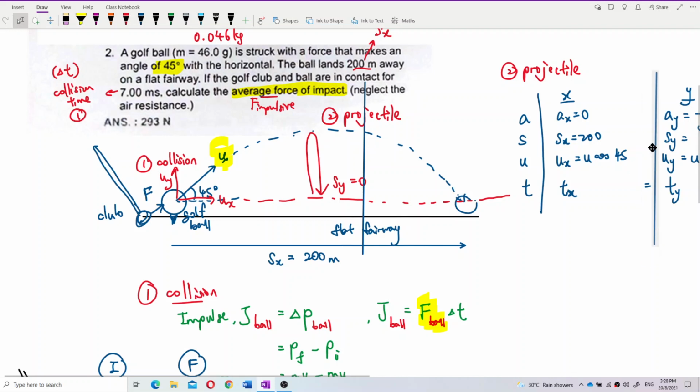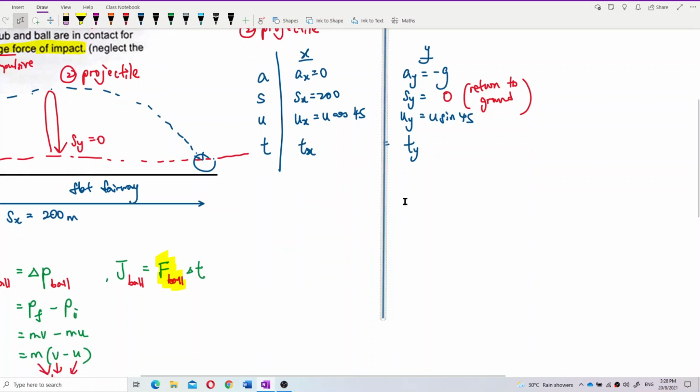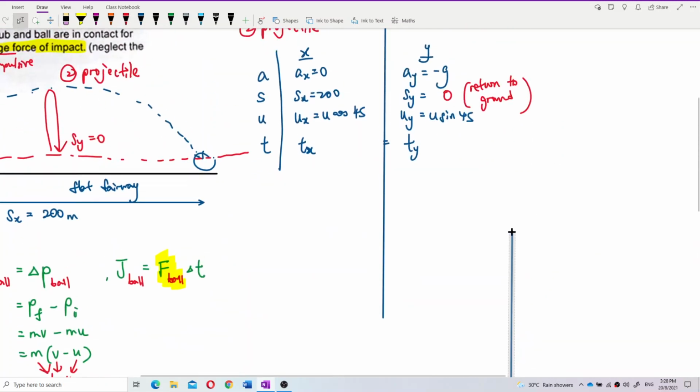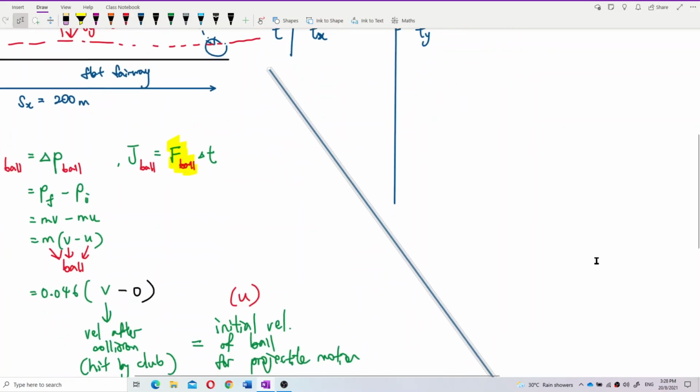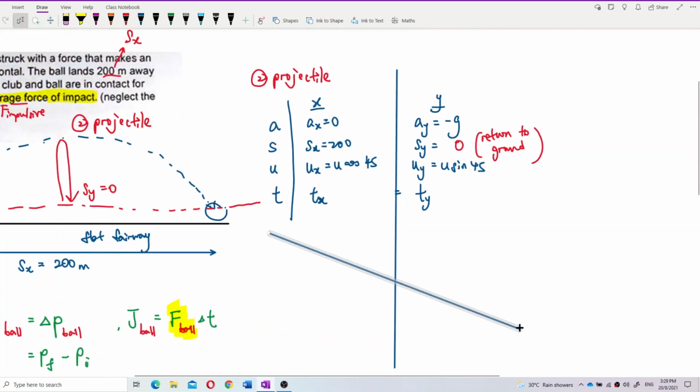All right, now let's do it. Wait, let me copy. Yep. Now let us do the x component first.